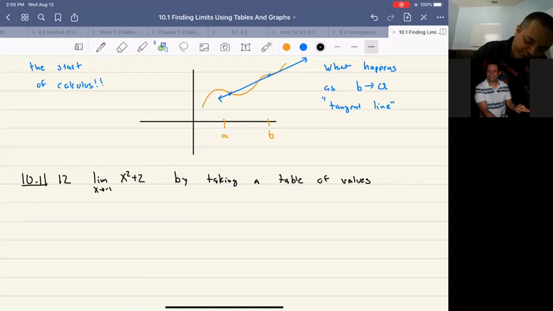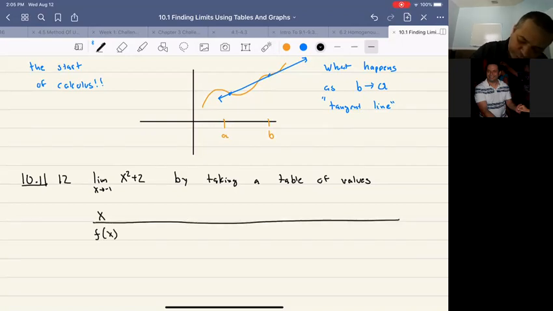So we have x and f of x. We get -1.1, -1.01, -1.001.